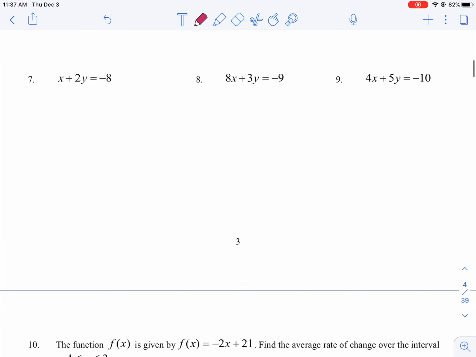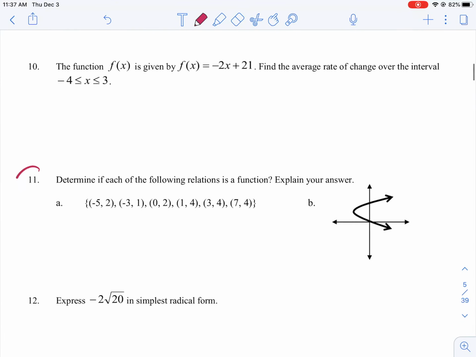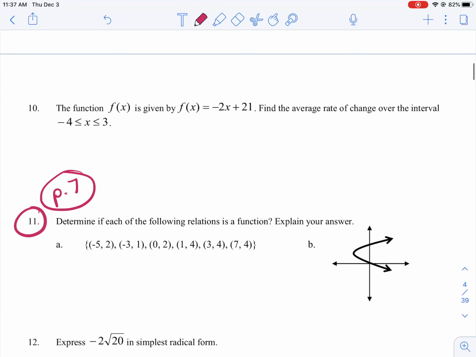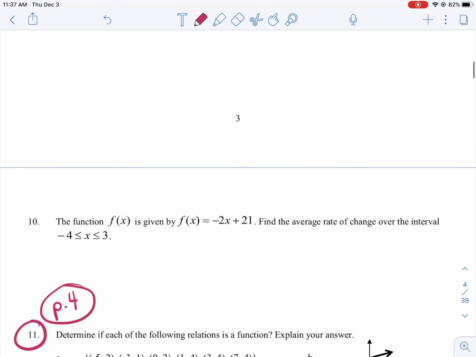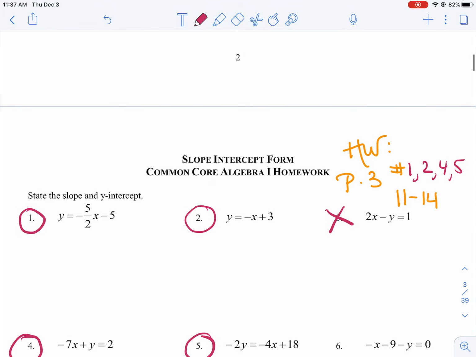And then we're going to have you try just number 11 on page 4. So let me go back over. We're going to do page 3, numbers 1, 2, 4, and 5, and then page 4, number 11.